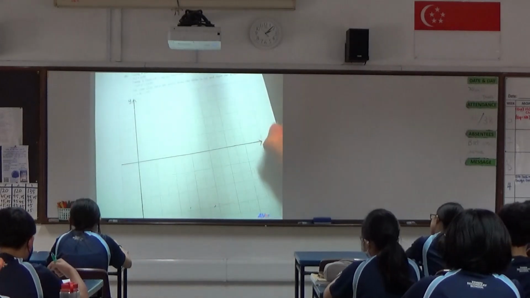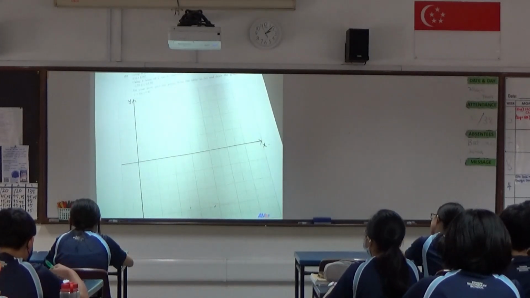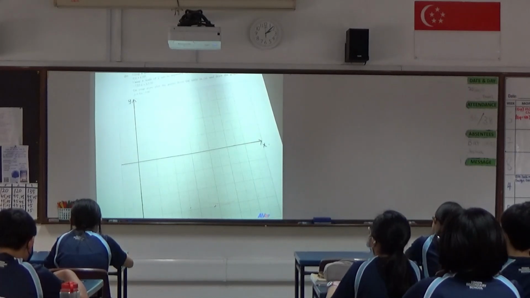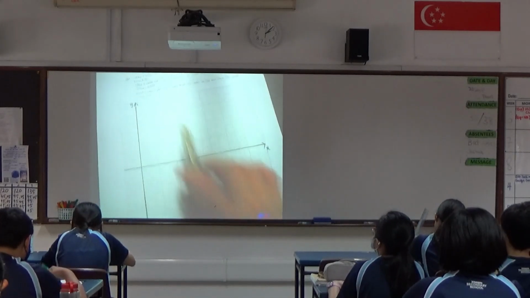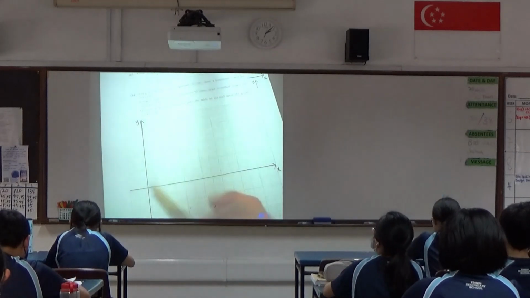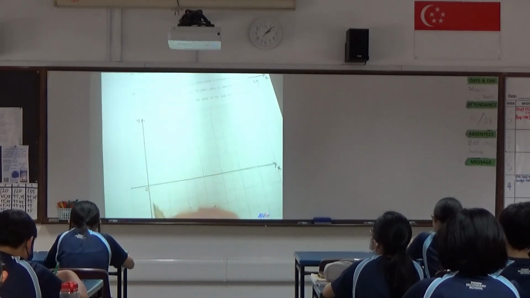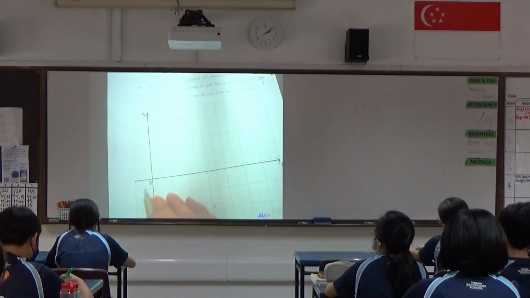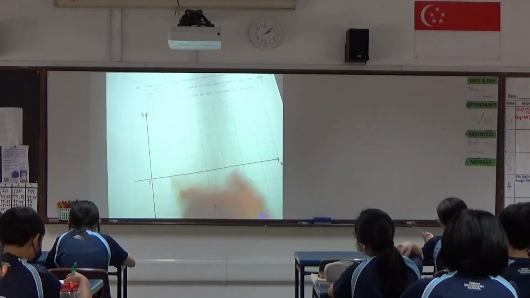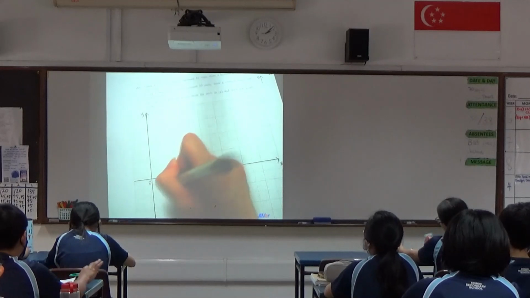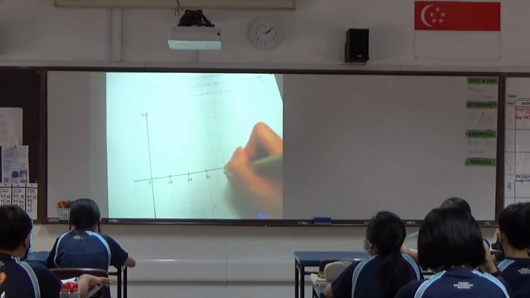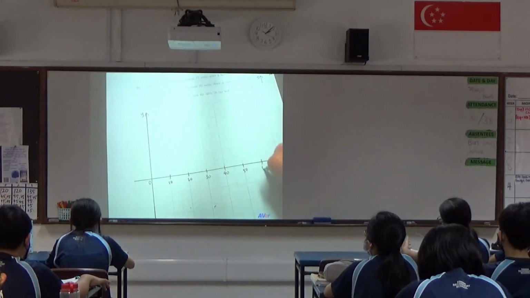But I cannot leave my axis blank, you must have numbers on it. If there are no numbers on it, how are you going to plot? So we follow the scale that has been given. 0 must be over here. For your x-axis, every 2 cm is 10 units, so down here it will be 10 units, 20, 30, 40, 50, and 60.